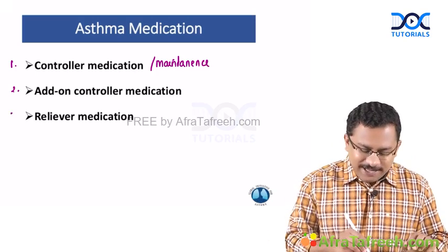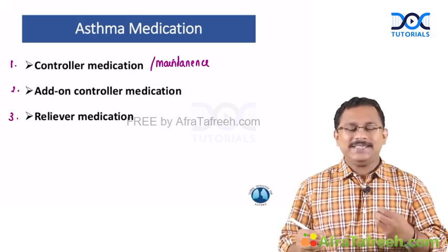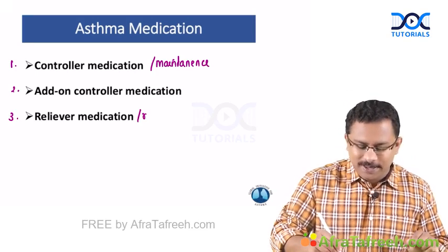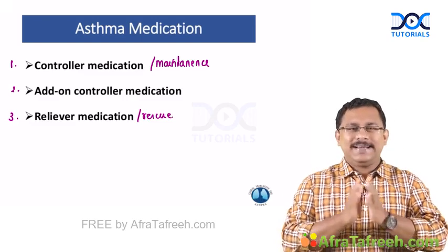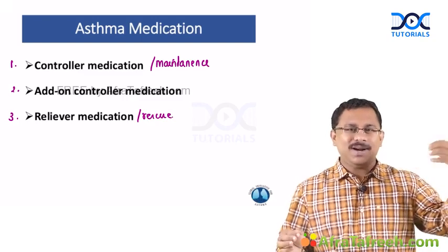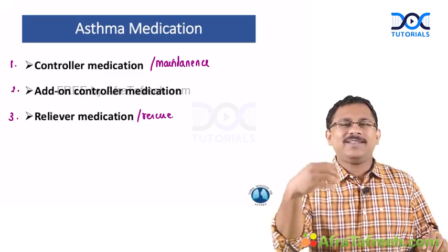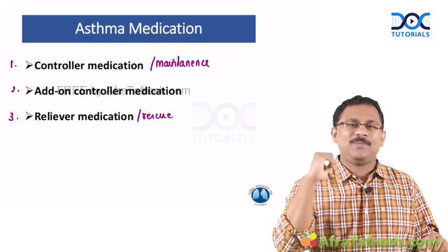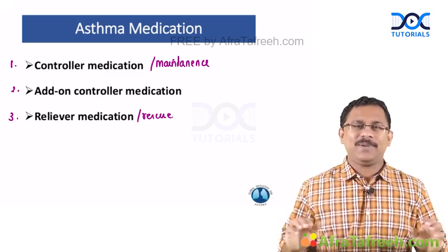Then you have the reliever medications, which you can also call rescue medications, basically used to treat a particular asthma attack. Whereas the controller is the drug that you are giving to prevent further flare-ups and to maintain the patient. So that is the maintenance therapy. Reliever is actually the rescue therapy.